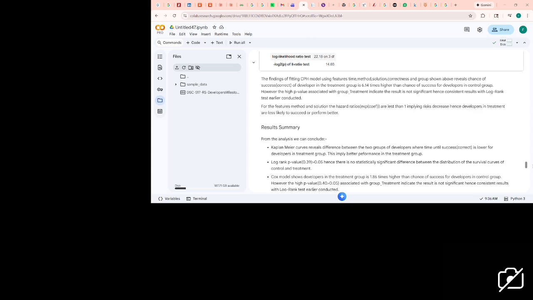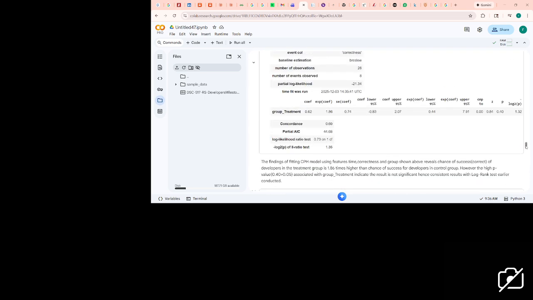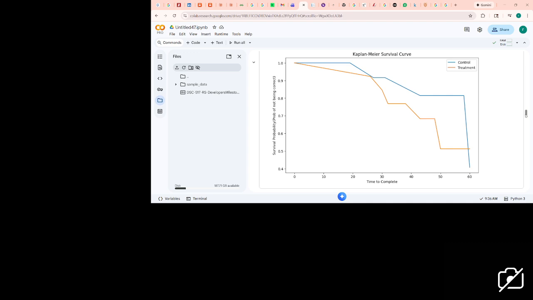Now, from what we have done, this is a summary of our findings. Based on the Kaplan-Meier curves plotted, we can see there is a difference in performance of the two groups, where the treatment group is lower.